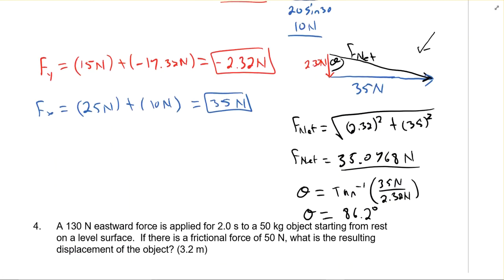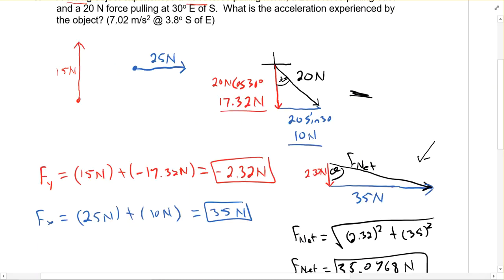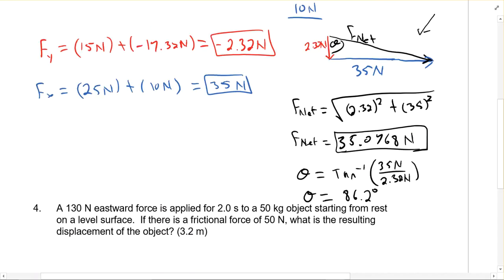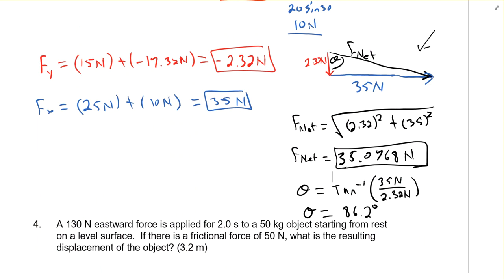Now we know our force, right? So we're at that part, but the question said, what's the acceleration? Well, acceleration from force is an easy step. All we got to do now, maybe I'll do this in green or something. F net is equal to ma, so a is equal to F net over m.